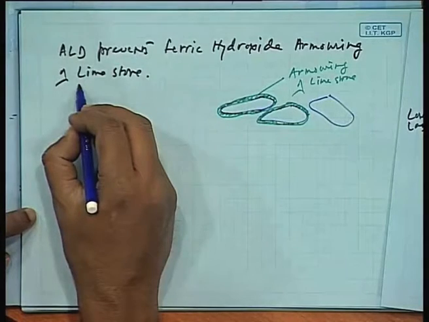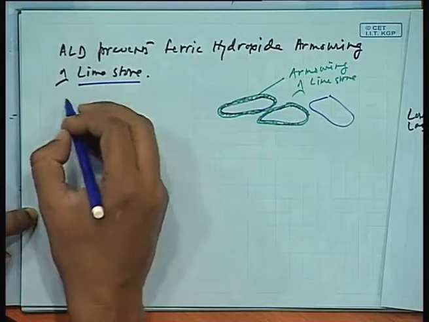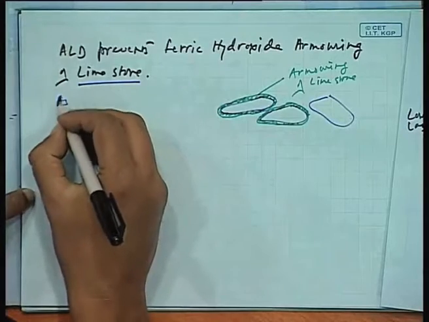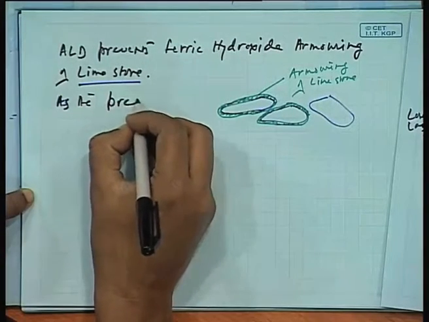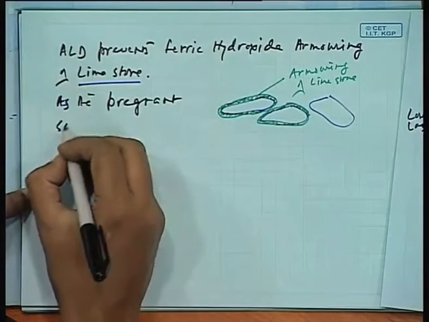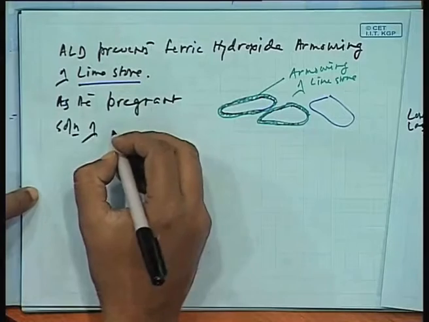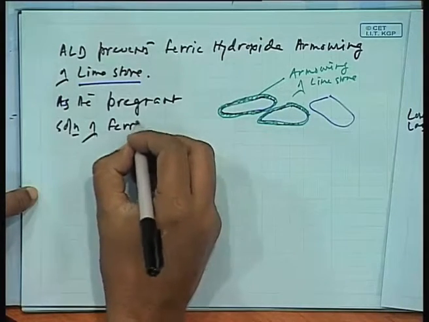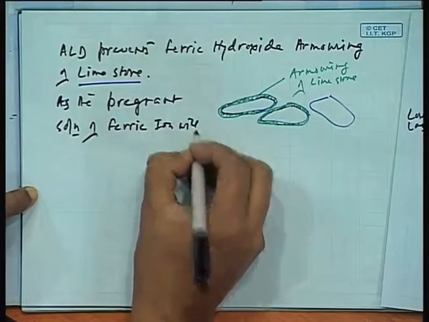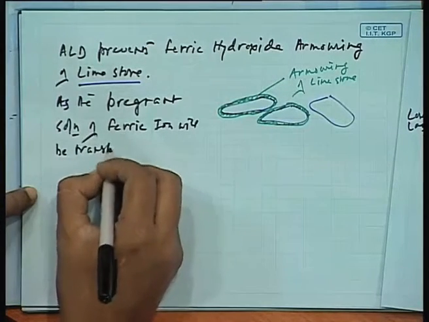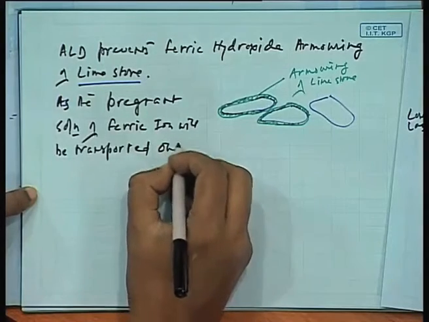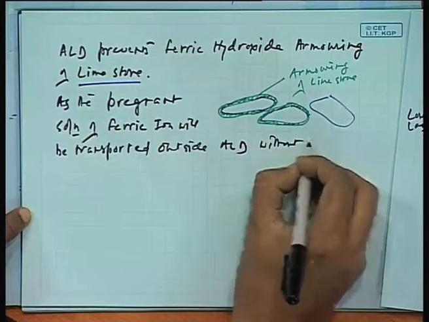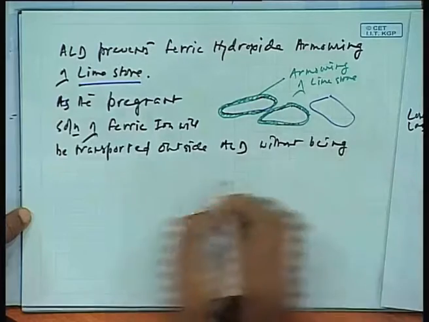The ALD prevents ferric hydroxide armoring of limestone, and the pregnant solution of ferric ion will be transported outside the ALD without being deposited.